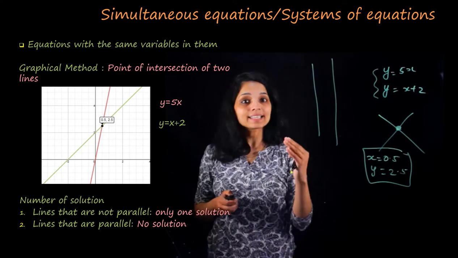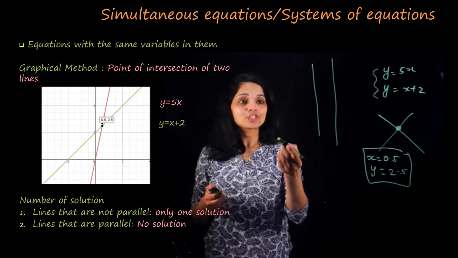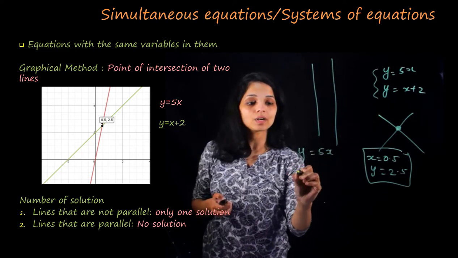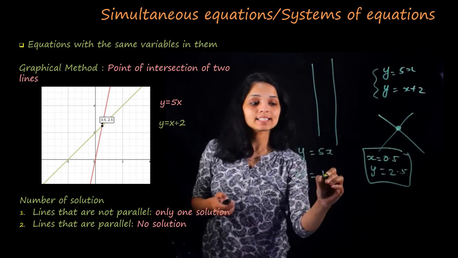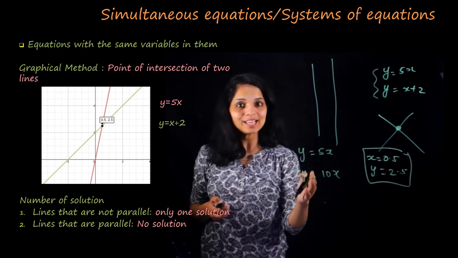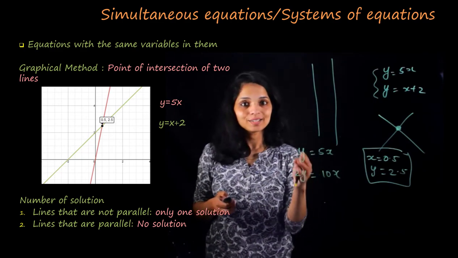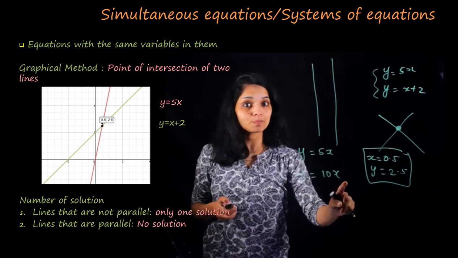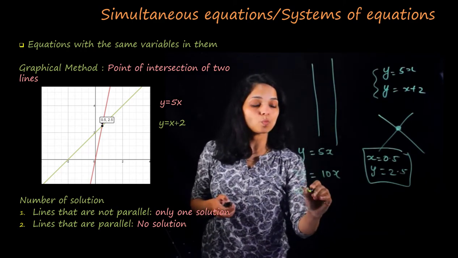Another case is two equations like y equals 5x, and another one, 2y equals 10x. If you draw these two lines, you can see that they are exactly the same line, because if you divide this whole equation by 2, it is simply y equals 5x.